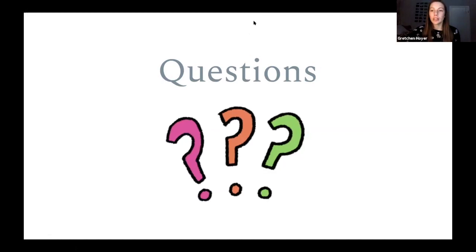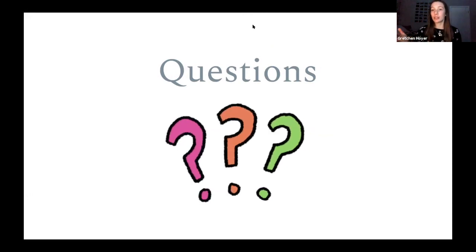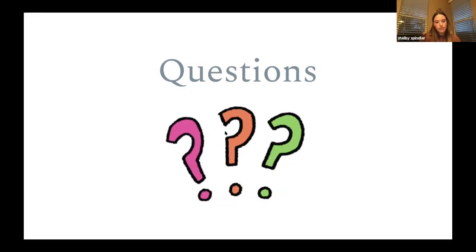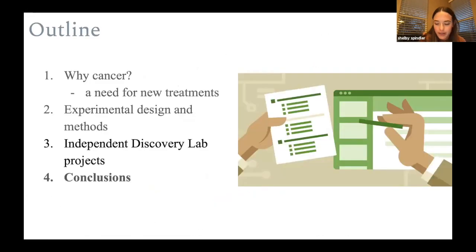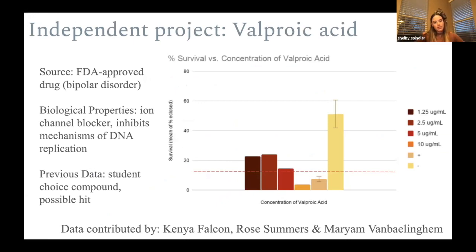I see one question in the chat, Jared being curious whether a bipolar drug could be a potential chemotherapy. He wonders if there are people already taking the drug who have reduced rates of certain kinds of cancer. I'm not sure about that, but one thing that's cool about using an already approved FDA drug is that if our goal is to get to clinical trials, phase 1 is going to be testing the toxicity rate.